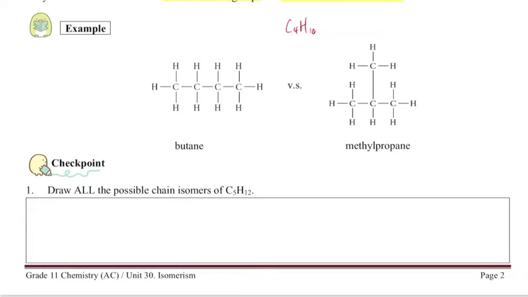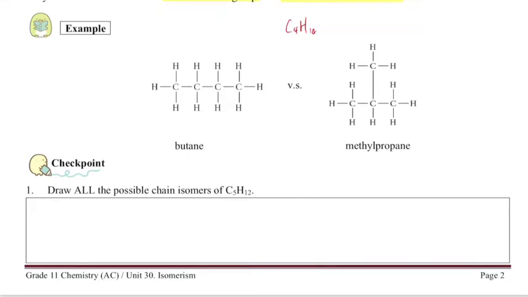Let's try this checkpoint question together. Try to draw all the possible chain isomers of C5H12. Remember, in order to be chain isomers, they must all have the same functional group. And if they have a formula like this, we can identify that they are alkanes.